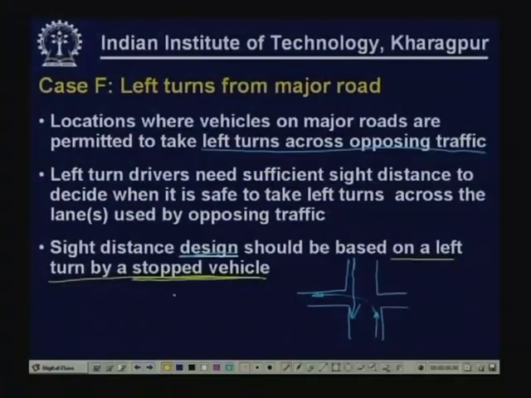So, if the available side distance is sufficient to satisfy this requirement, then automatically it will satisfy the requirement of those drivers which will take a left turn without stopping. So, that is why it is based on a left turn by a stopped vehicle.